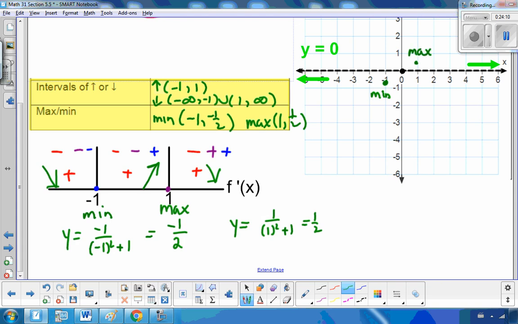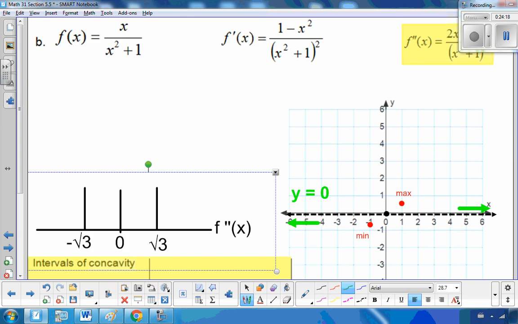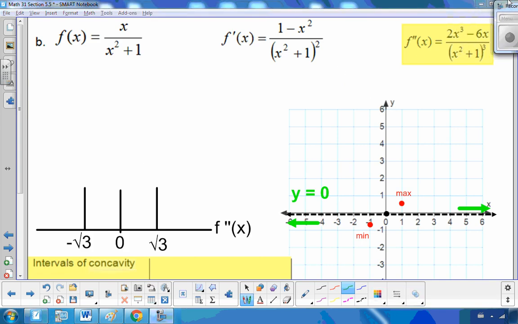Okay, so we're going to add to this graph a little bit more by looking at the second derivative and intervals of concavity. So for the second derivative, it's listed over there, and all I have to do is factor it and then look at my key values.